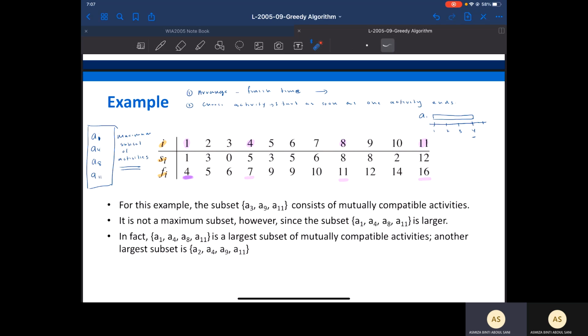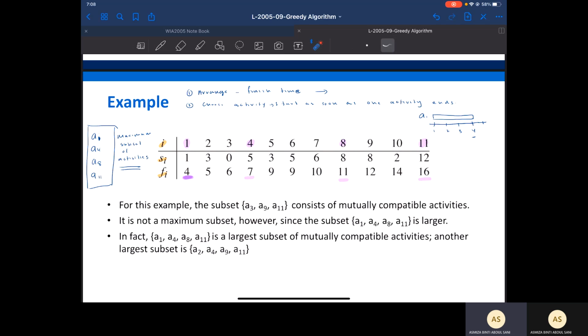But basically, by applying the greedy approach, you can find one optimal subset for scheduling a set of activities for this example.